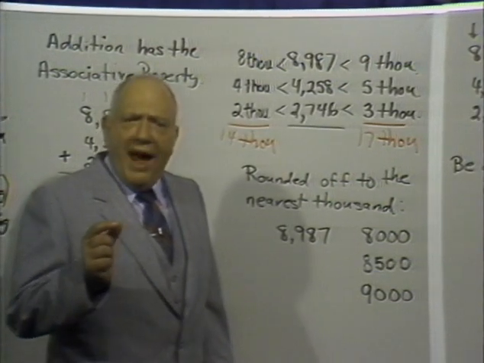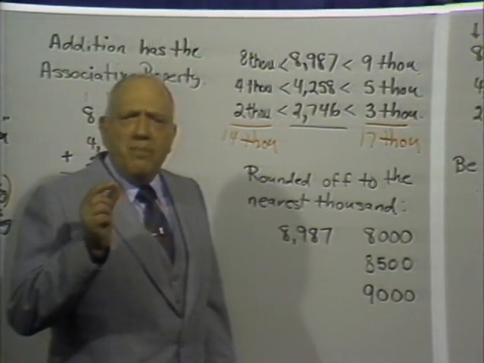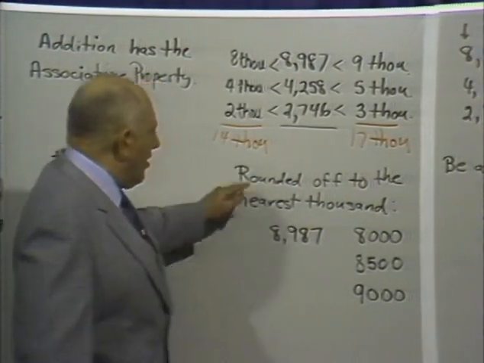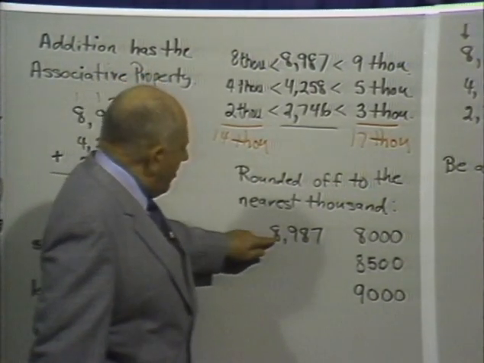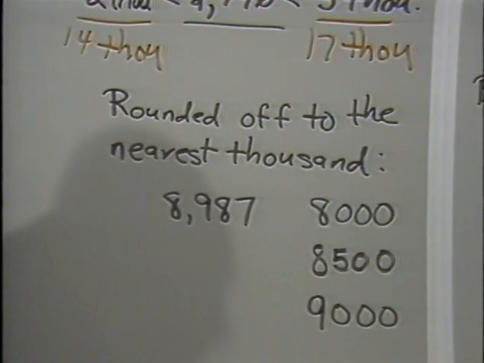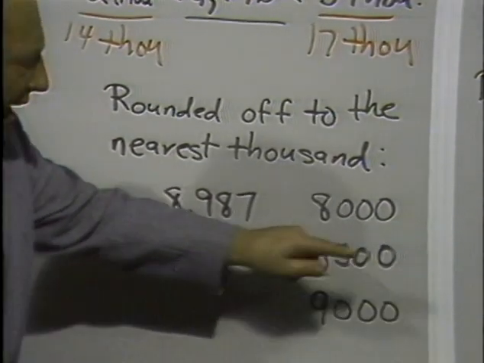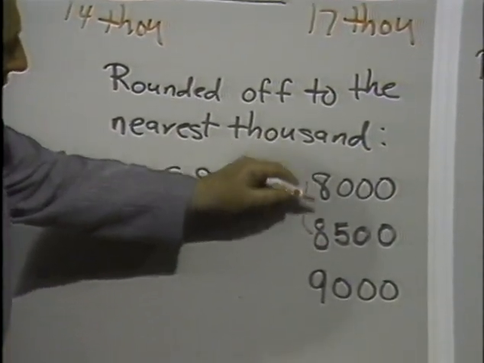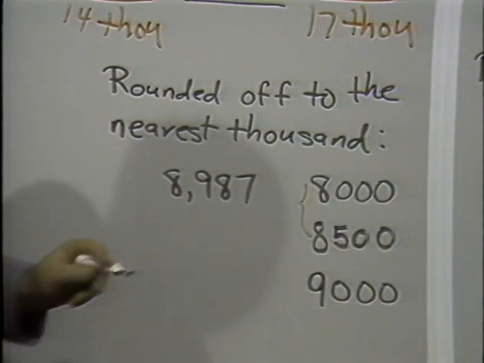In which case, we now do what we call measuring to the nearest thousand. What we say now is, look, this number is between 8,000 and 9,000. What number is halfway between 8,000 and 9,000? 8,500. So anything in this range will be between 8 and 9,000, but closer to 8,000.